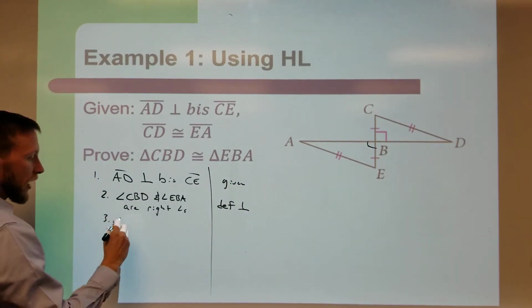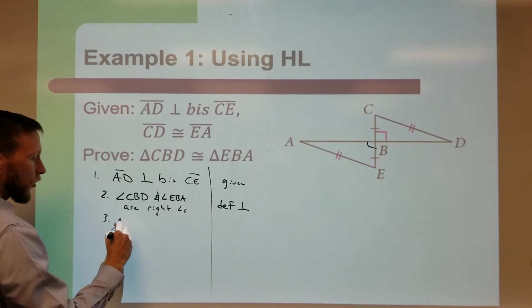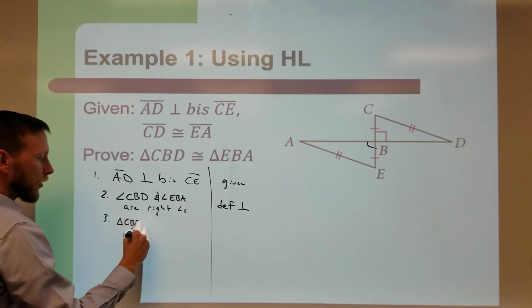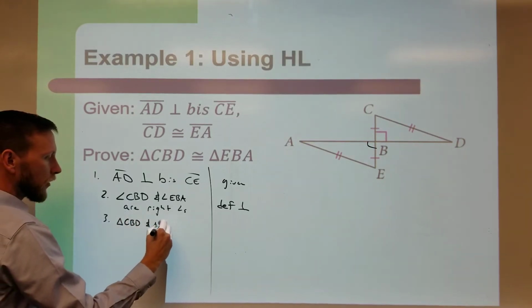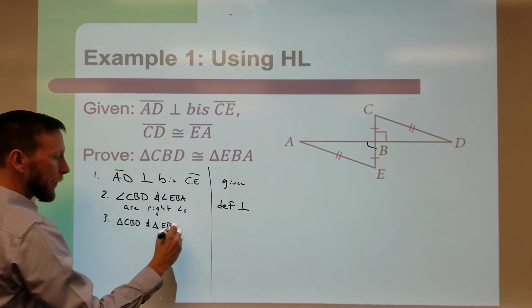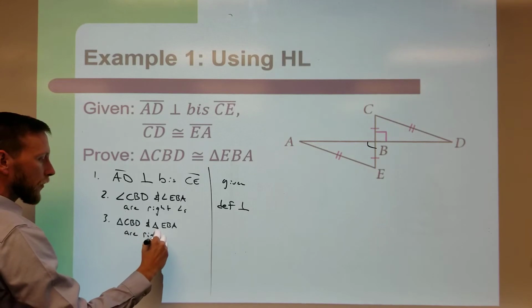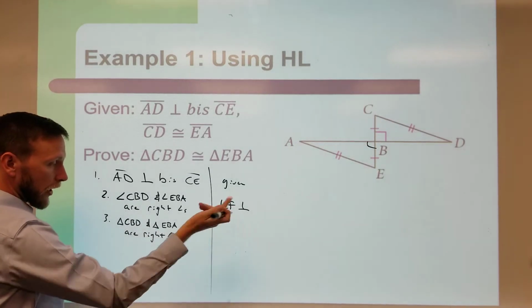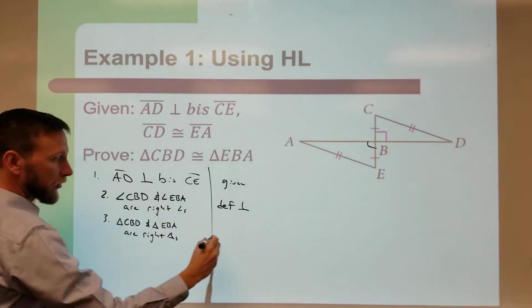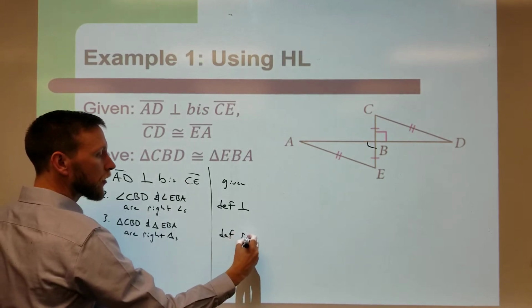Next, I'm going to say that these triangles are right triangles because they have a right angle, right? They each have a right angle. So that's the definition of right triangles.